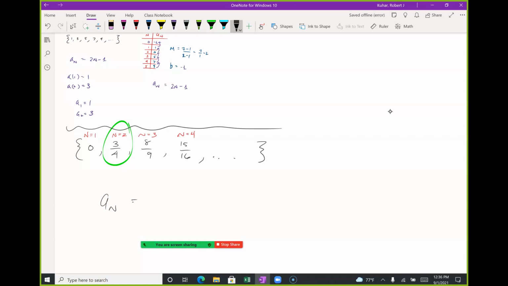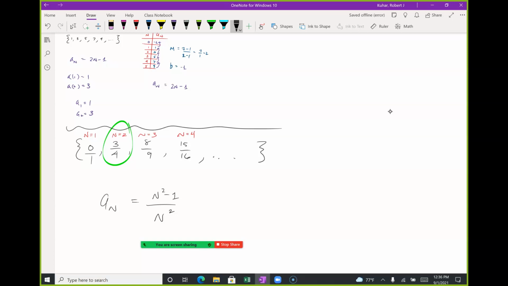So a sub n looks like n squared downstairs, right? But it's always one less upstairs, right? So this one must be 0 over 1. That would make sense, right? So 1 squared is 1. But then how do I get to 0? I'm going to subtract to get to 0, exactly. So it's n squared minus 1 there.